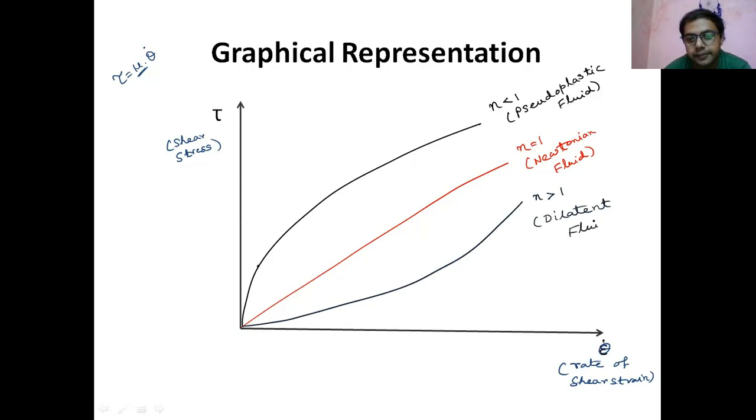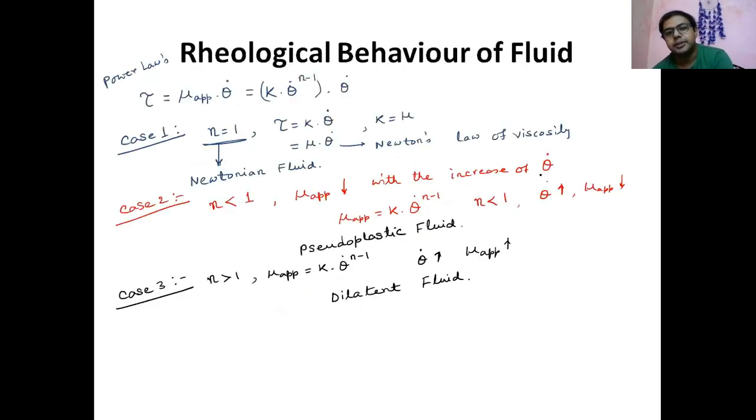Dilatant fluid, so apparent viscosity is continuously increasing. The slope is increasing. If you go along this way, the slope is continuously increasing. So shear thickening this way. This case 2 and case 3 are both examples of non-Newtonian fluid.